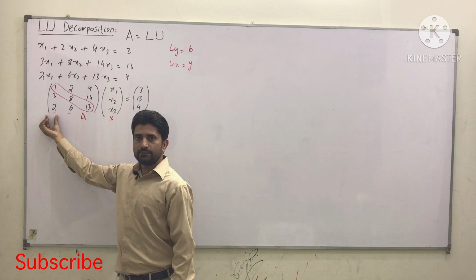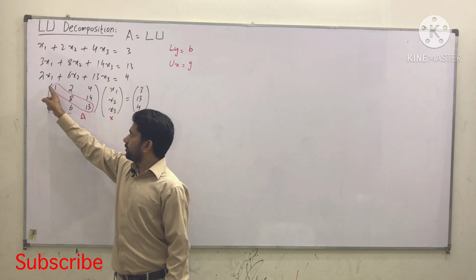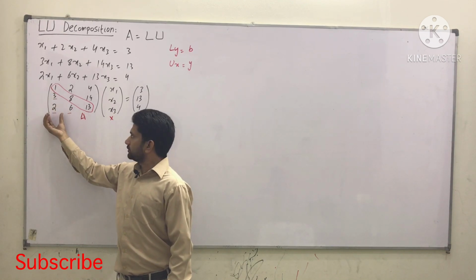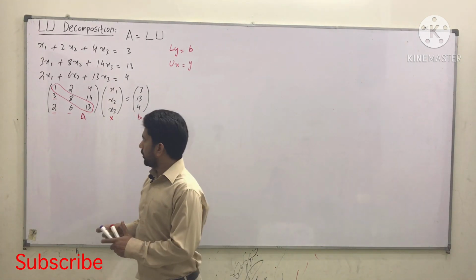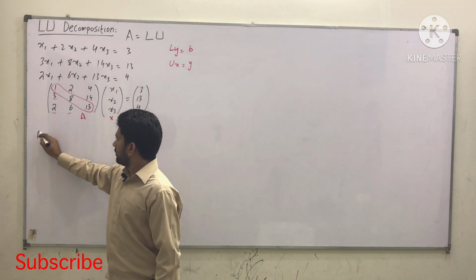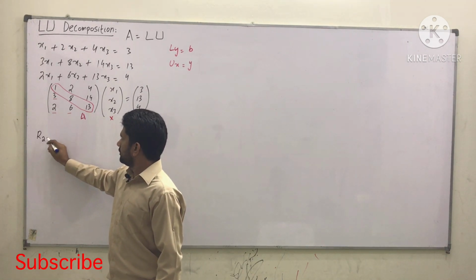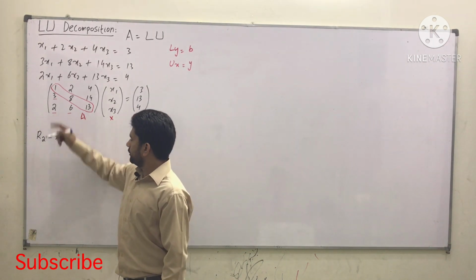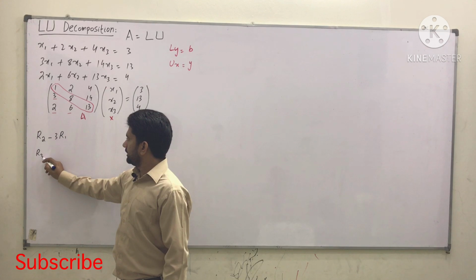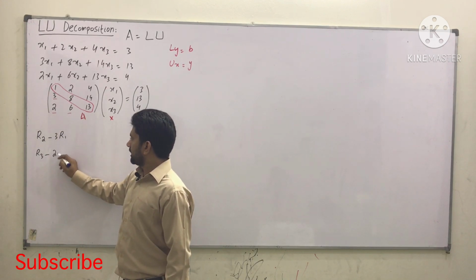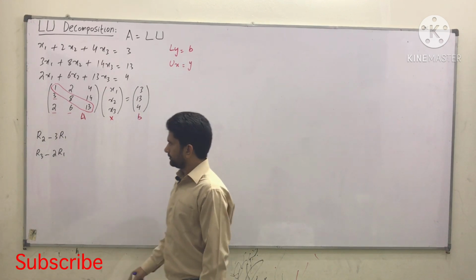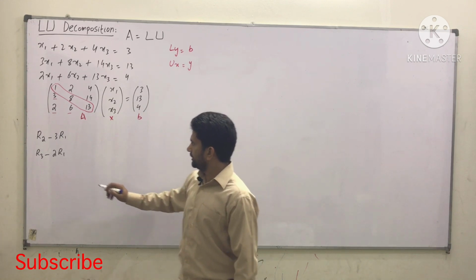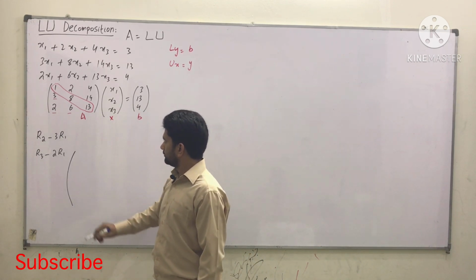Similarly this 2 can be 0 if I multiply row 1 with 2 and solve with row 3. So the operations will be row 2 minus 3 times R1, and row 3 minus 2 times R1.